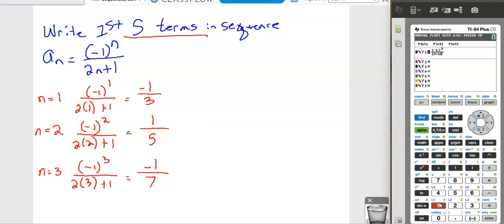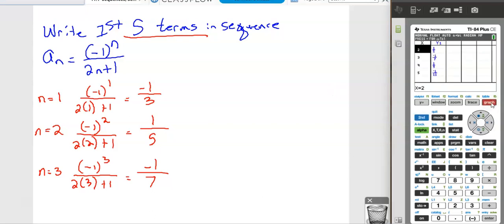We're not going to care about the graph, but if we notice the table, when I plug 1 in, I get negative 1/3. When I plug 2 in, I get 1/5. When I plug 3 in, I get negative 1/7, and then so forth. The fourth number, the fifth number, the sixth number.